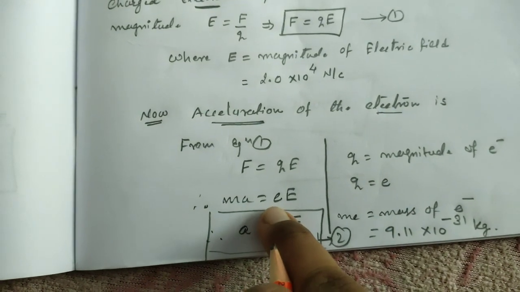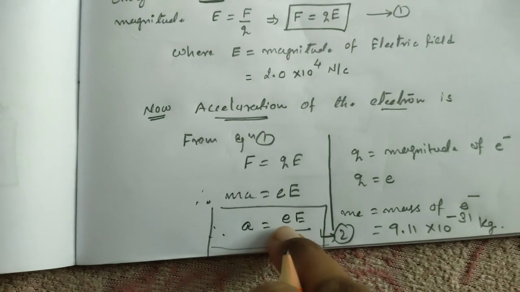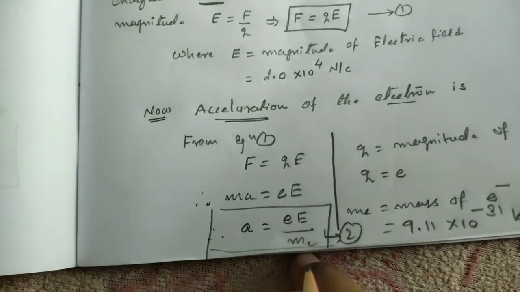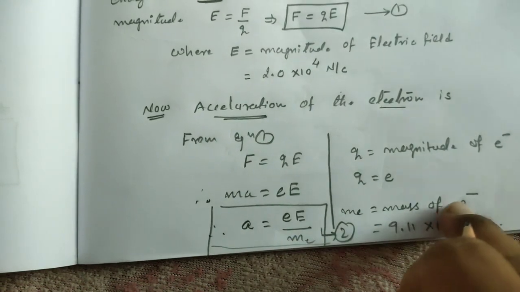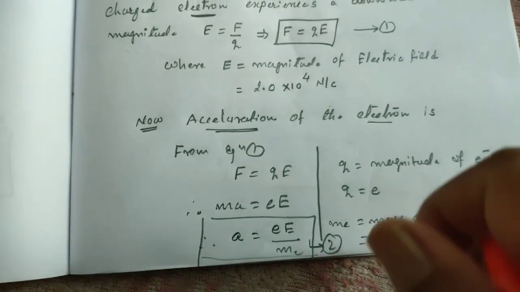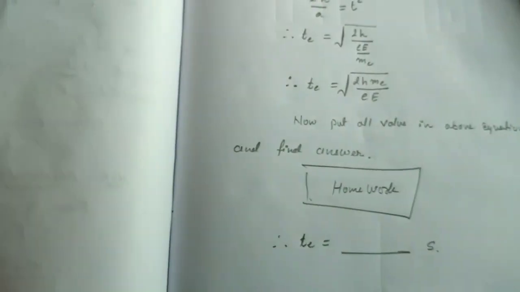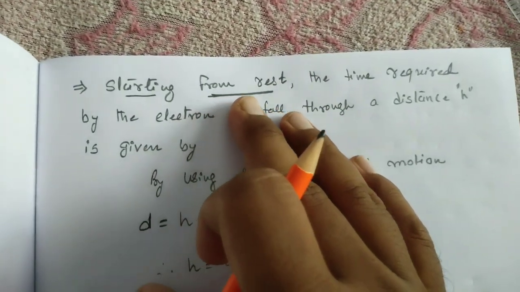Putting e over here in F equal to ma and making a the subject, a equals eE upon me. Since we are taking the electron, m stands for the mass of the electron, which is 9.11 × 10^-31 kg.